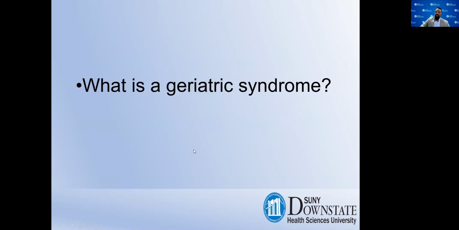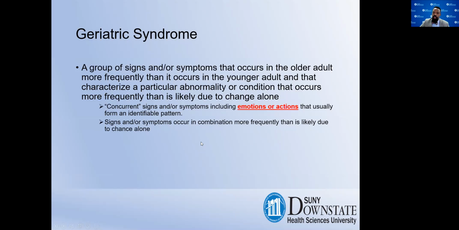So what is a geriatric syndrome? It's a straightforward definition. A syndrome, and in this particular case, a geriatric syndrome, is a constellation of signs and symptoms. So it's a group of signs and or symptoms that occur in the older adult at a rate that is more frequent than they tend to occur in the younger adult. And these signs and symptoms characterize a particular abnormality or a condition that happens more frequently than is likely due to chance alone, okay?